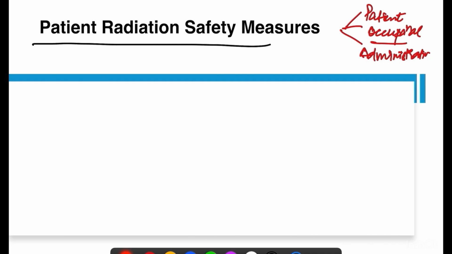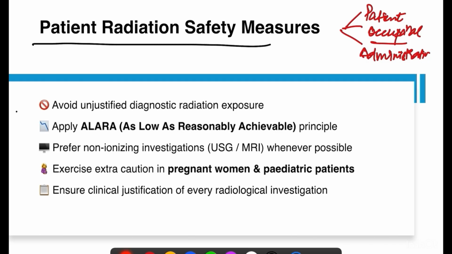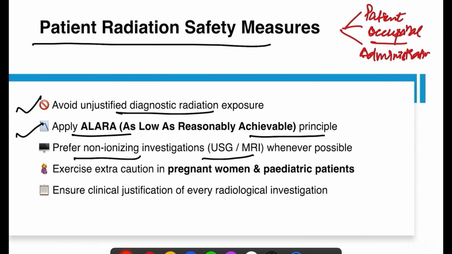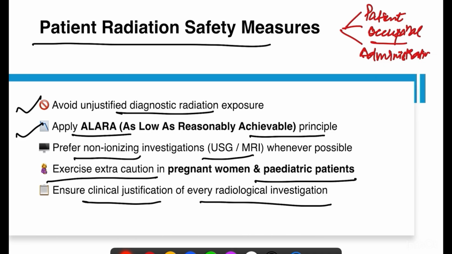For patient radiation safety, we have to avoid any unjustified diagnostic radiation exposure, apply the ALARA principle which we have understood in the previous slide, and always prefer non-ionizing investigations like ultrasound or MRI wherever possible. Usually X-rays are not prescribed in pregnant women, and for pediatric patients as well, we have to exercise extra caution and ensure clinical justification for every radiological investigation which we are writing to the patient.